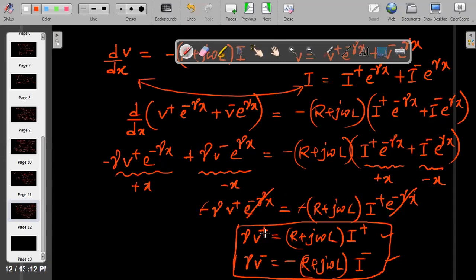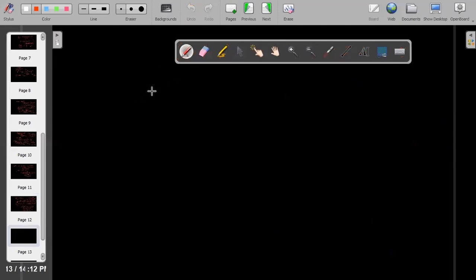Just now you do V plus with I plus. Very simple things. Again, I'm writing. So what we are getting: gamma into V plus is nothing but R plus j omega L into I plus, correct?